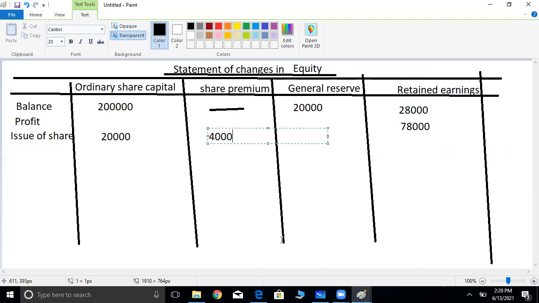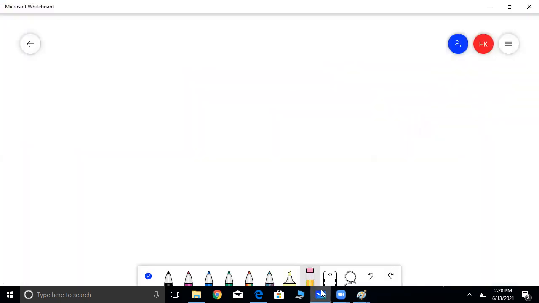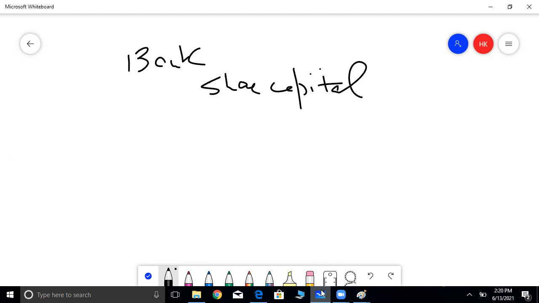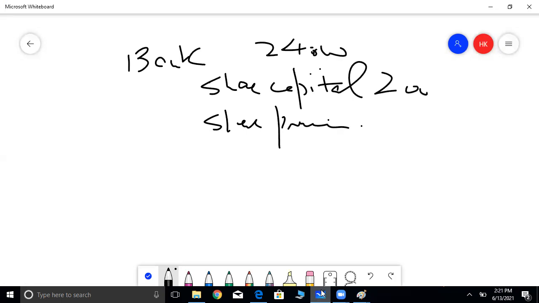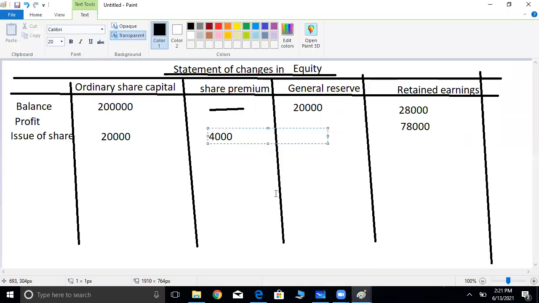If you remember, I have already passed the entry for this: bank account debit, share capital credited, and share premium also credited. Bank came in at 24,000, which we need to add, obviously. Share capital 20,000 and 4,000 was the premium. I have accounted for this in my changes in equity.